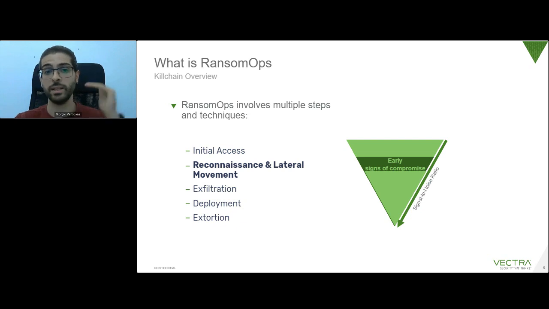So we have basically the initial access, where attackers are going to exploit a vulnerability, or maybe phish some of your users into clicking on a malicious link or downloading a malicious file, or just purchase some valid credentials that were breached in the past and use them to access your VPNs. So those are the most common vectors we see being used by ransomware gangs.